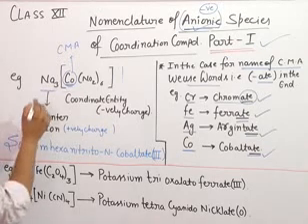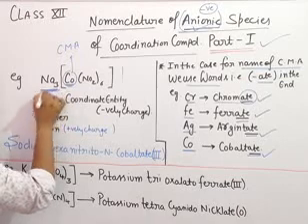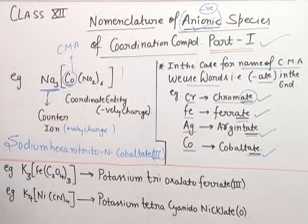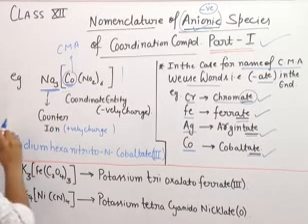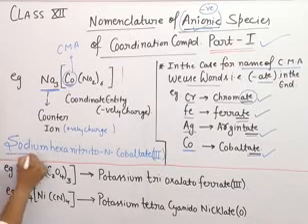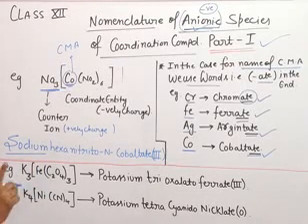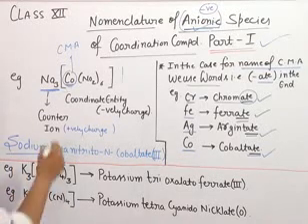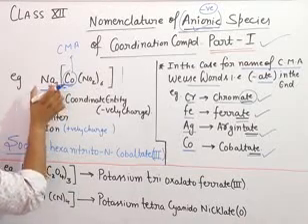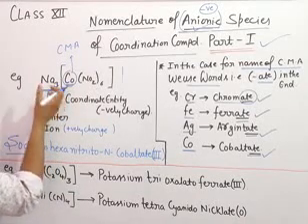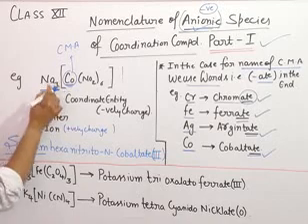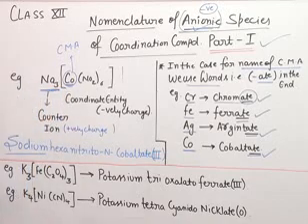First of all, we will write the name of the front counterion. Now write here sodium, but keep in mind that we will not write the numbering of the front counterion.